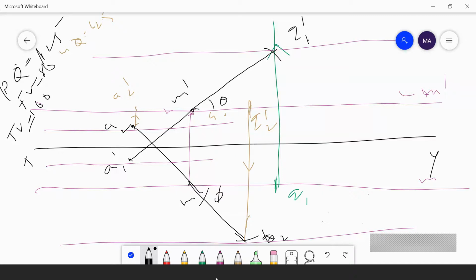This one will be P1 dash. This one is P2. This one is Q2. Okay. This one is P2 dash. Understand? Now is it clear?